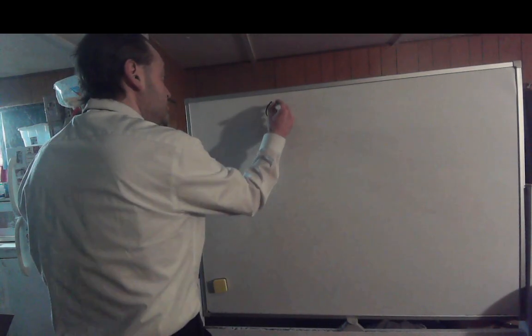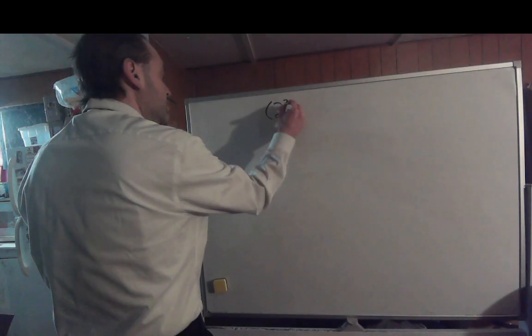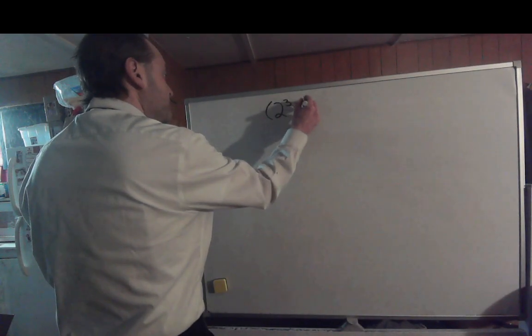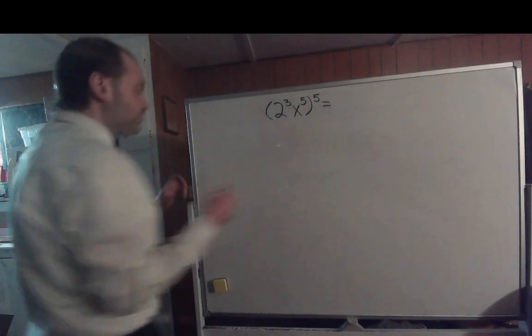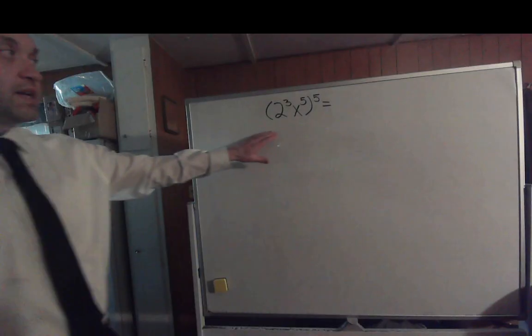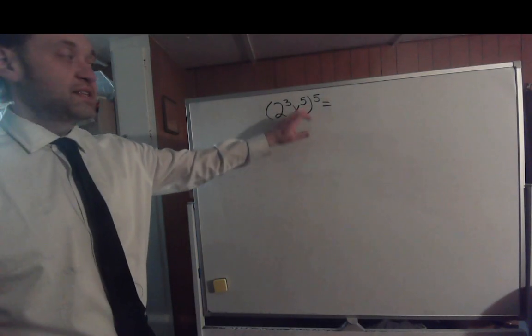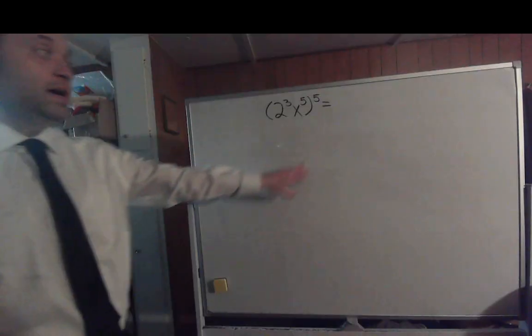Now, what if I have something like 2 to the 3rd times x to the 5th, both raised to the 5th power? So I have the quantity of 2 to the 3rd times x to the 5th raised to the 5th power.